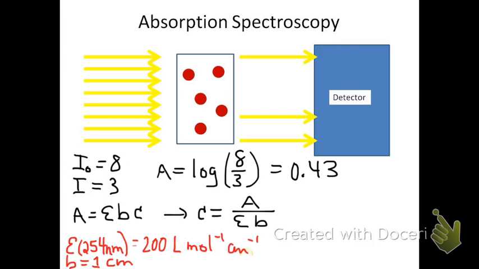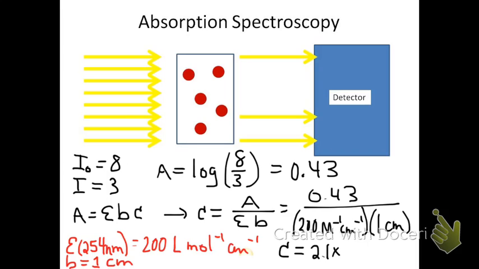So we plug those numbers into our equation, and we determine that the concentration of benzene in Onondaga Lake water is 2.1 times 10 to the minus 3 moles per liter. So absorption spectroscopy is a simple and effective tool for measuring concentrations of analytes, either in the gas phase or in solution.